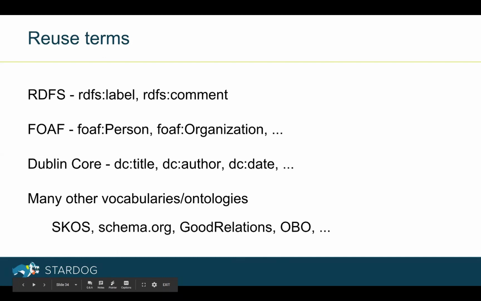Dublin Core is another one used for describing physical and digital media, and there are many others around. The point here is that unless the domain demands it, you should avoid coming up with new terms that mean the same things, like DC title or DC author for documents, or FOAF relationships for people.